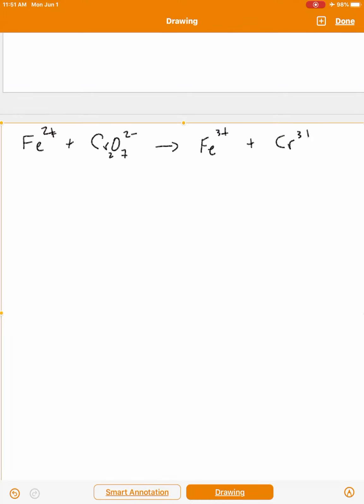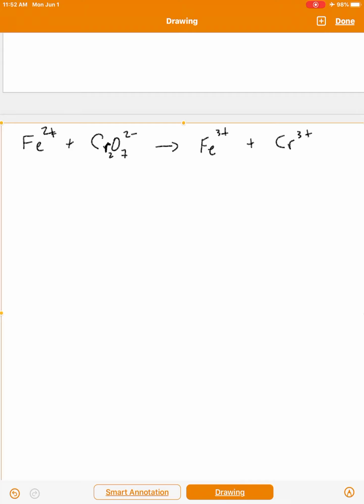Now, when you look at this, you may notice something that's odd about it. And by the way, this is a redox reaction, the third type that we just covered. In this redox reaction, there's oxygen on the reactant side, but not on the product side. What's going on? So that's what this is all about.